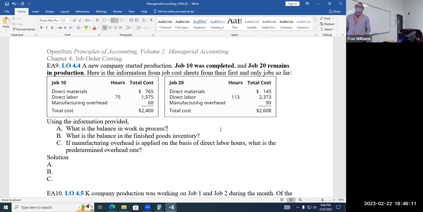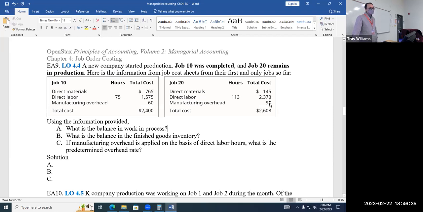Did you say 2608? It's 2608, right? Because job 20 is still in process. So that is the cost of the work in process inventory. We can see the material costs that have gone into that job, the labor costs, and the manufacturing overhead.